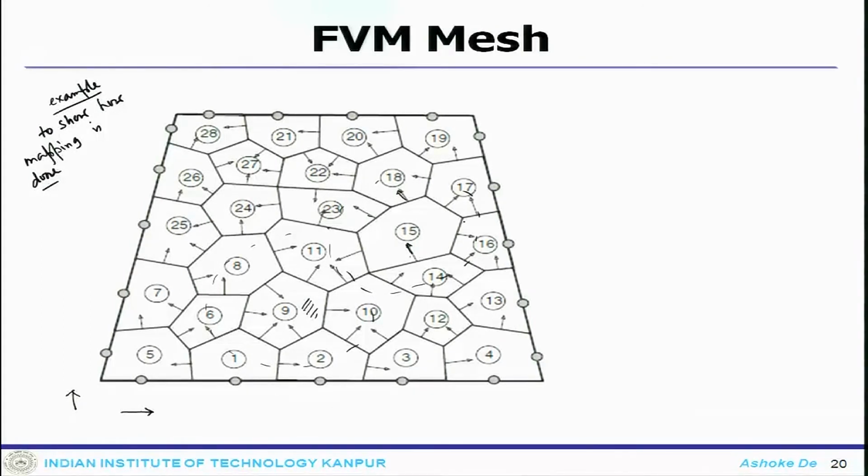So, similarly like your structured system, if you put the algorithm in place, how do you do the calculation? First, you declare the data structure, declare the gradient array and initialize it to 0.